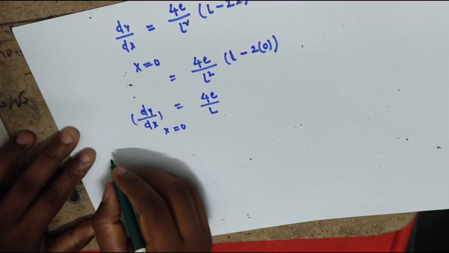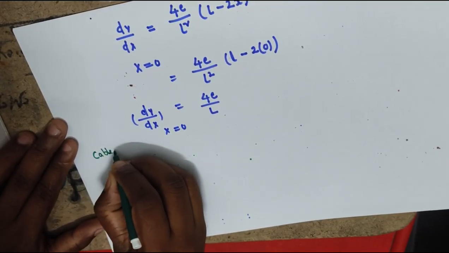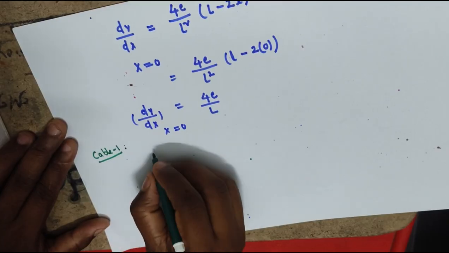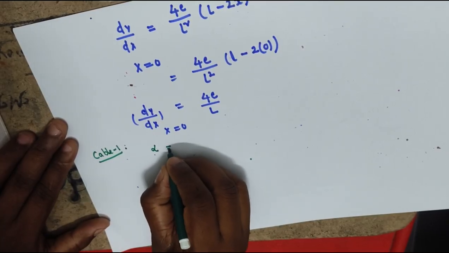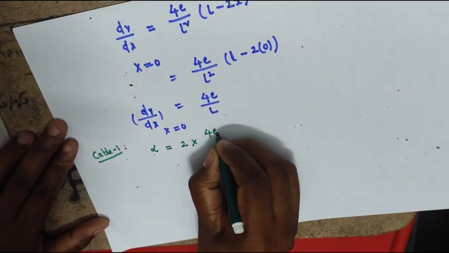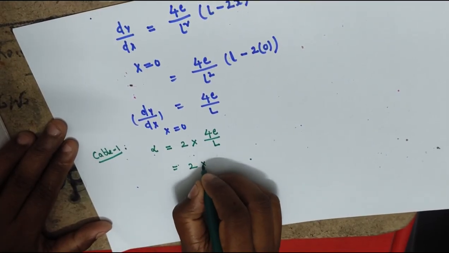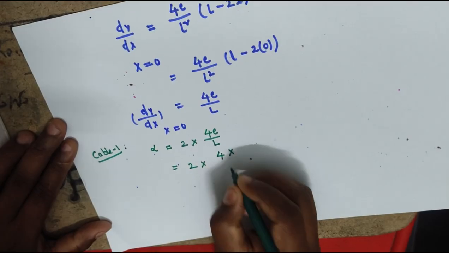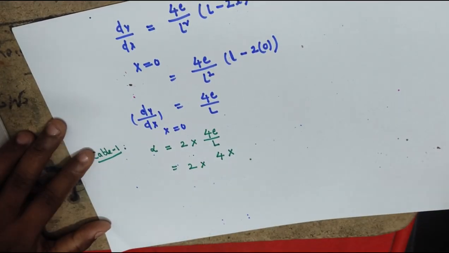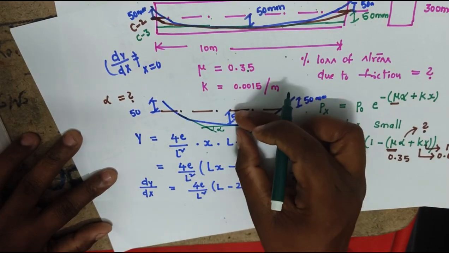That's why in the case of cable 1, alpha is equal to 2 into 4e by L. In the case of cable 1, eccentricity will be 100 plus 100.